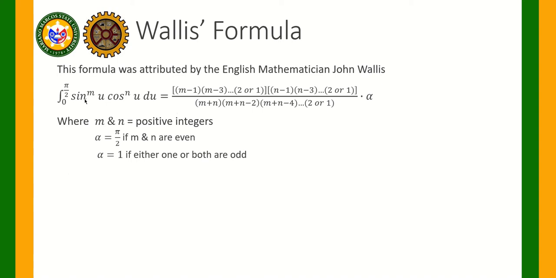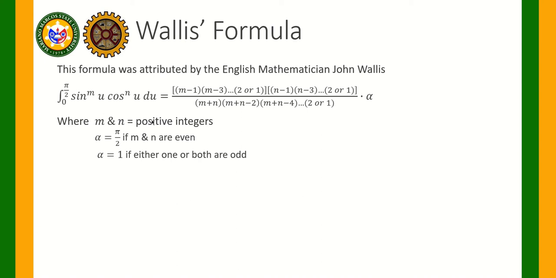The integral of sine raised to m, cosine raised to n, dx, limits from 0 to pi over 2, is equal to (m minus 1)(m minus 3) until 2 or 1 na yung sagot dito, and then multiplied by (n minus 1)(n minus 3) until 2 or 1, all over (m plus n)(m plus n minus 2)(m plus n minus 4) until 2 or 1 yung magiging sagot, and multiplied by alpha.